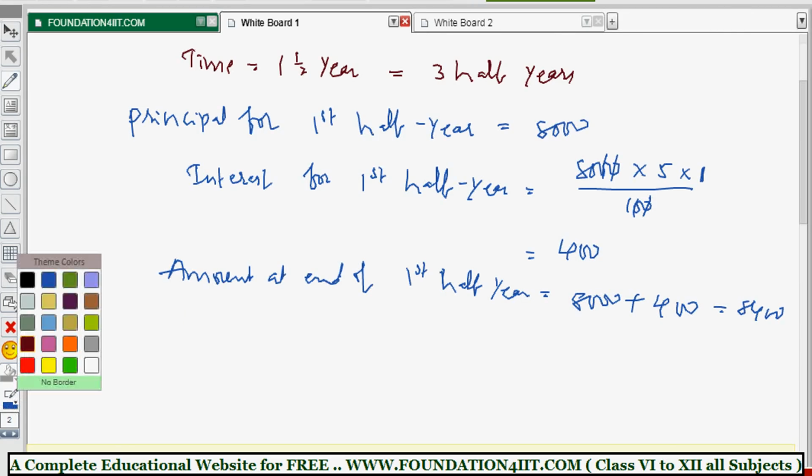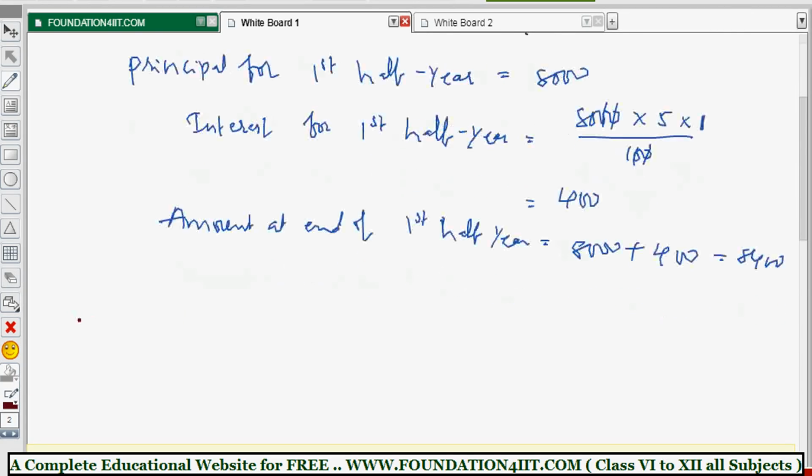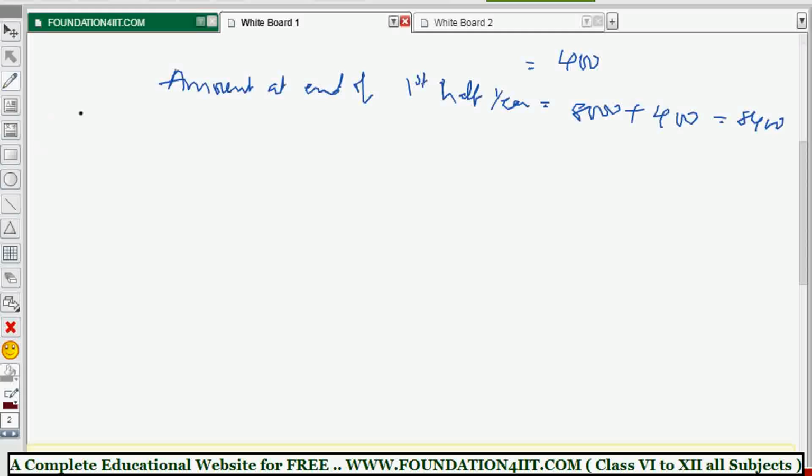Now the principal for the second half year. There are total 3 half years because it is 1.5 years. The amount at the end of the first half is the principal for the second half year, so 8,400.